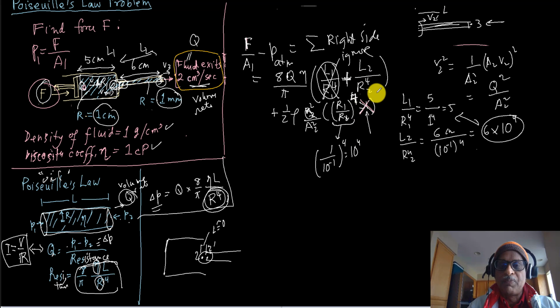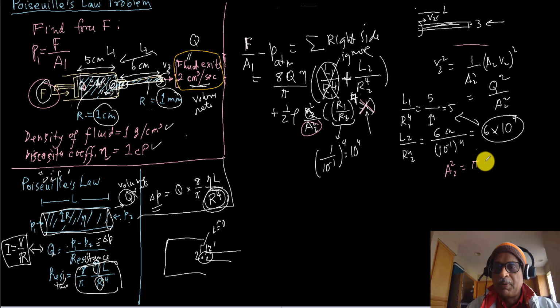How about A2 square? A2 square will be pi times 10 to the minus 1 square, so this is 10 to the power minus 2 pi.